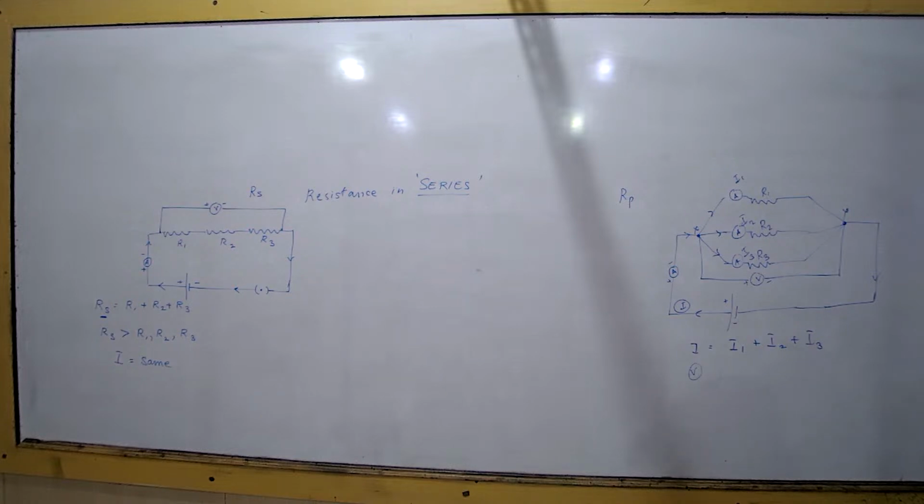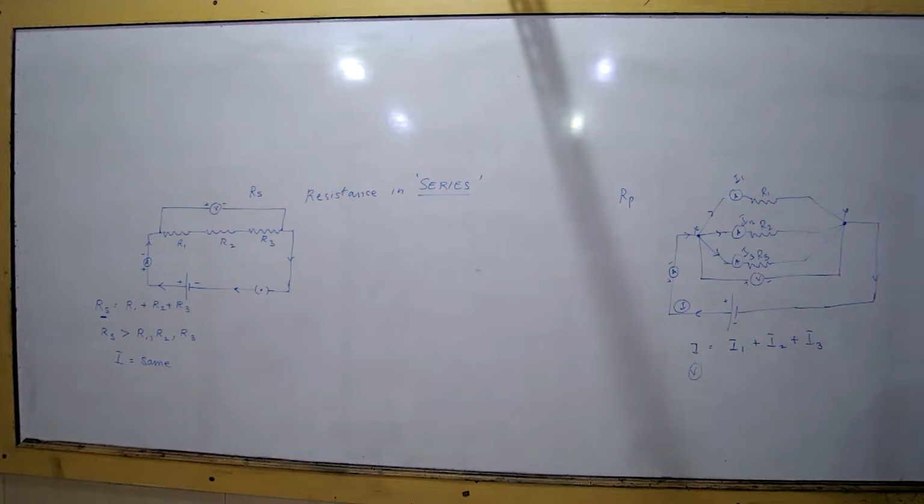Between points x and y, then the three resistors are said to be connected in parallel. Is it clear? Shall we proceed?